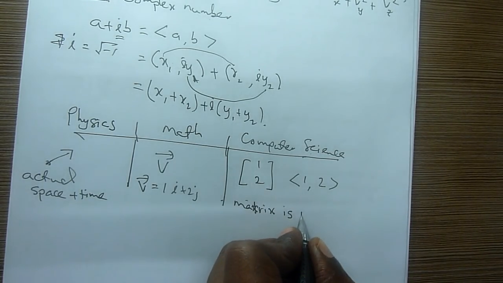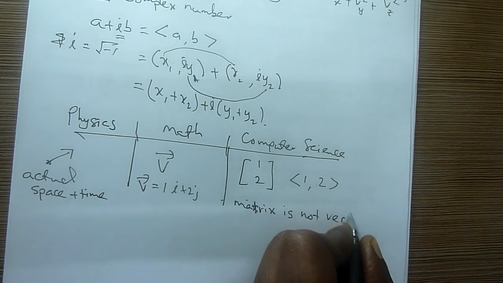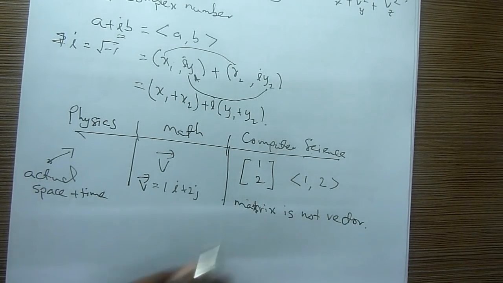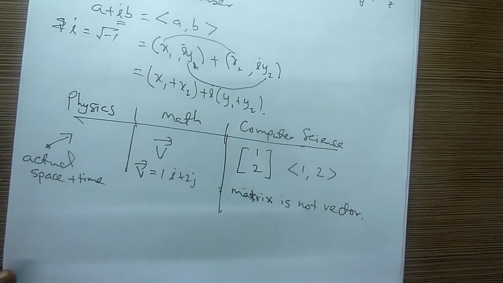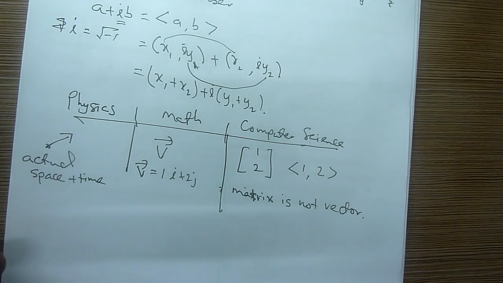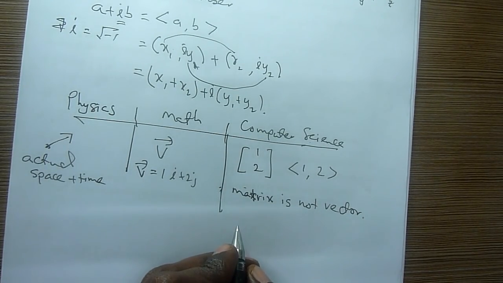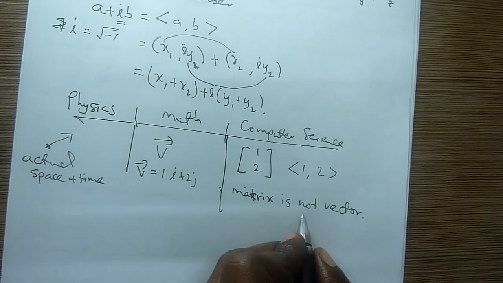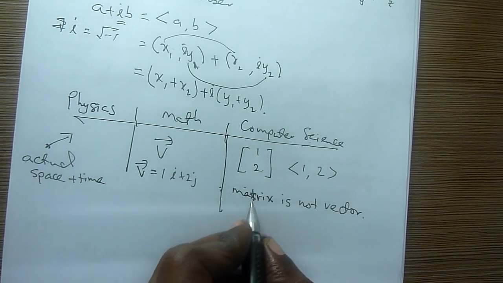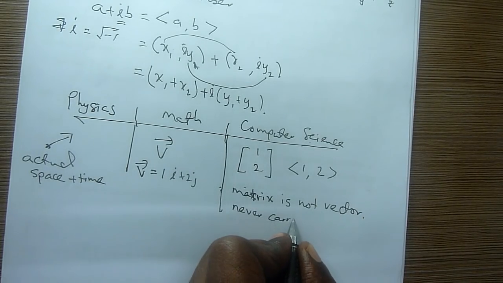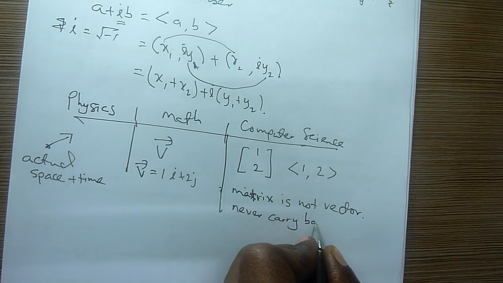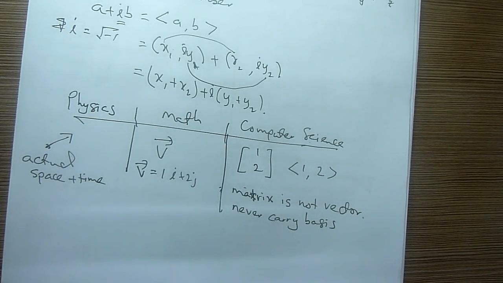A matrix is not a vector. A matrix is different from a vector. But why is a matrix not a vector in the first place? It never carries any basis. It never carries any information called direction.